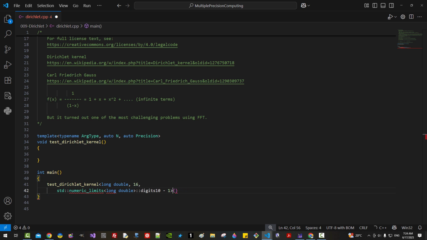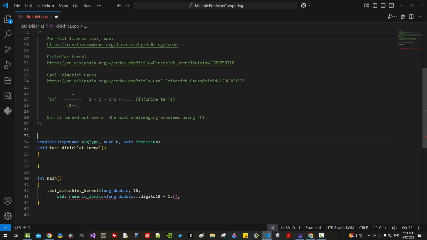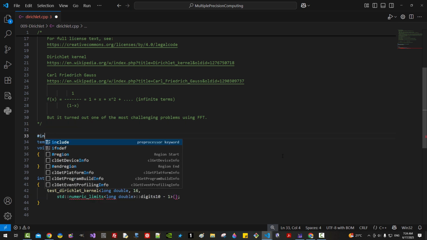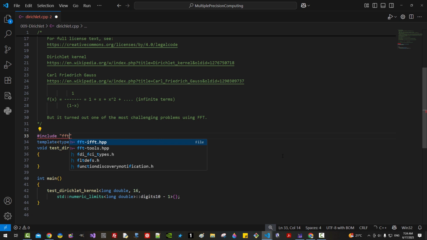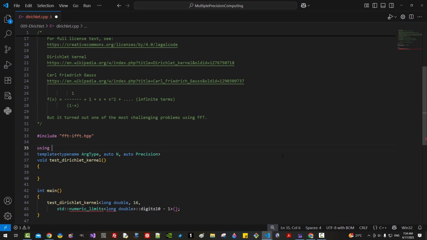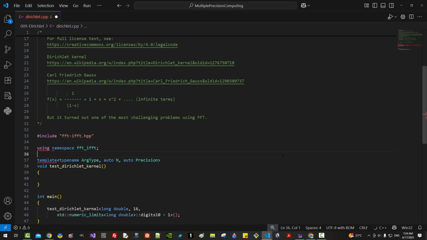Then we call this function. Here we include FFT. Then using namespace FFT.